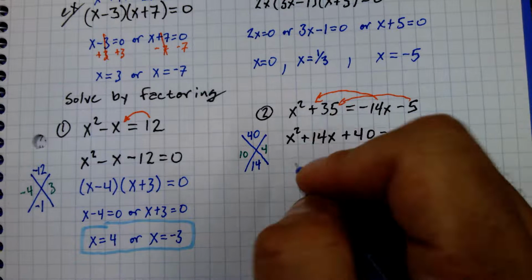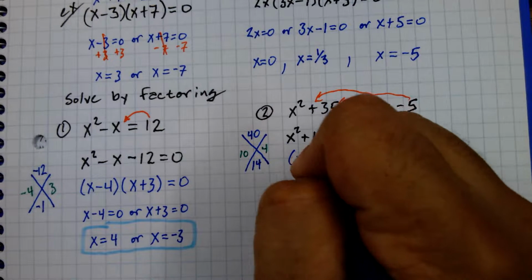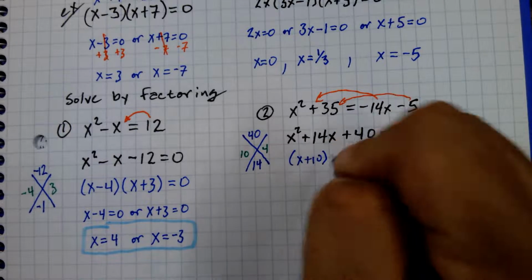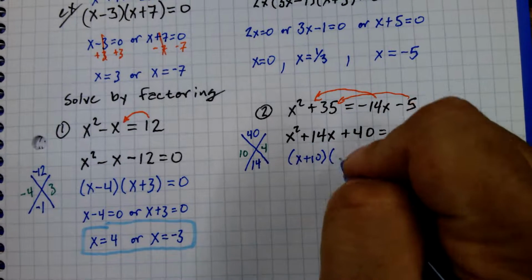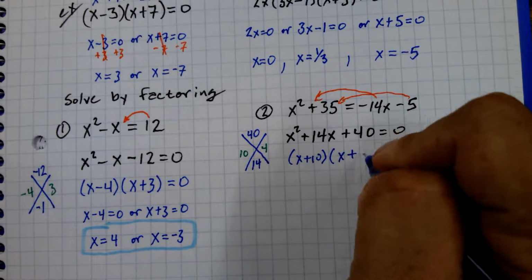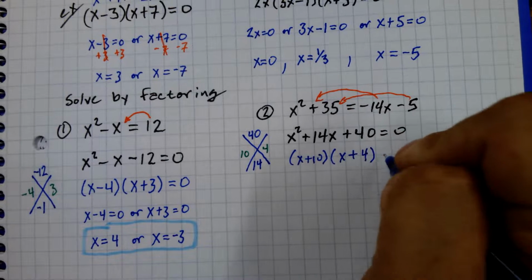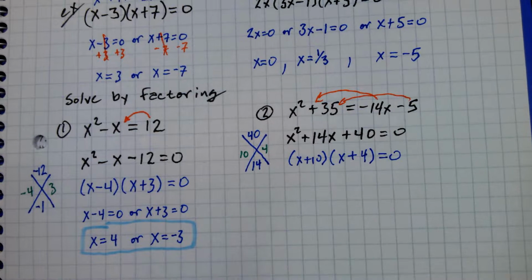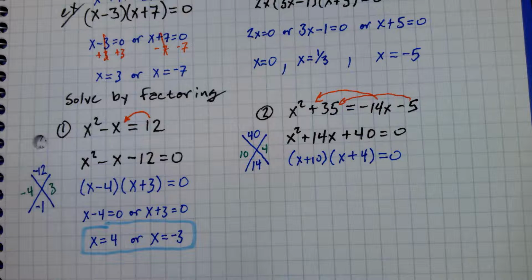So we end up with x plus 10 multiplied times x plus 4 equals 0. All right. So solve this one, guys. I'll take it from here. What's my solutions?